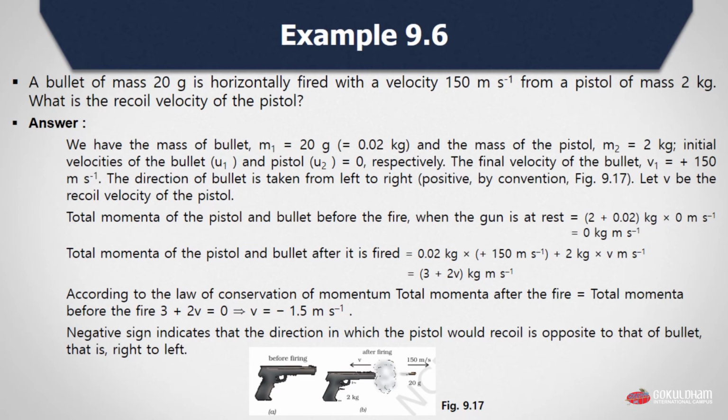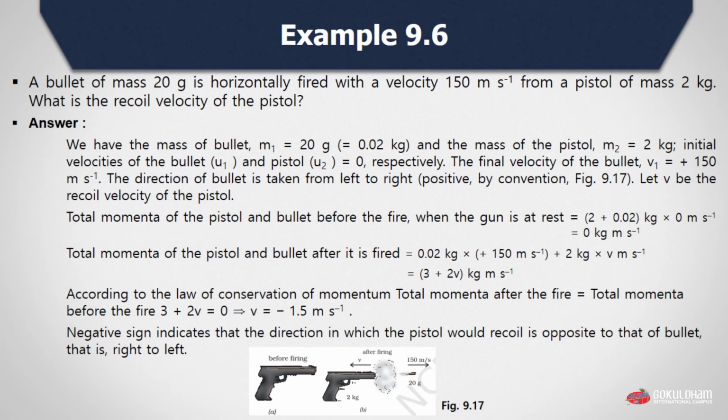According to the law of conservation of momentum, the total momentum after the fire is equal to the total momentum before the fire, which is 3 plus 2V equals 0, which gives V equals minus 1.5 meter per second. That is, we have 2V, and when we put 3 on the right hand side, we have 2V equals minus 3.